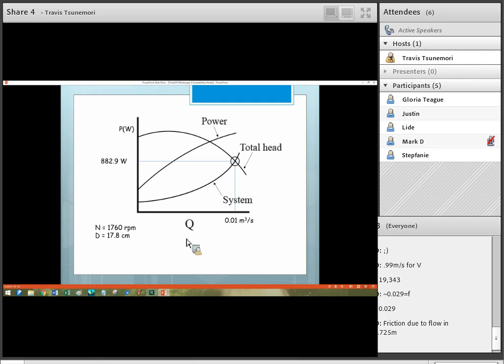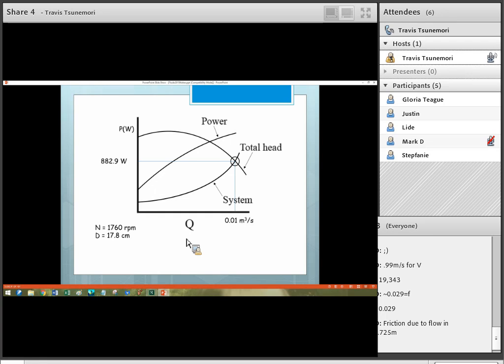We have total head, we have power, and we have efficiency. Those are typically what you see on the pump performance curves. And you'll notice down in the bottom left-hand corner that this says this pump performance curve is good for N equal 1760 RPM. So that's the pump speed. And the diameter of the impeller is 15 centimeters. Okay?